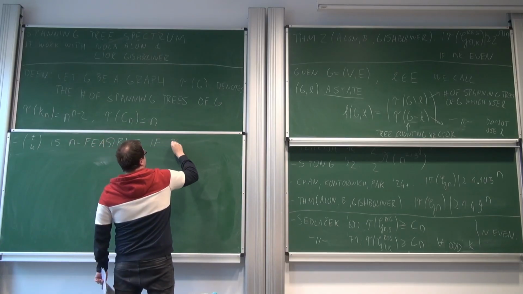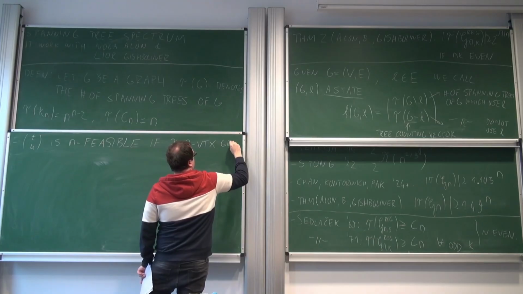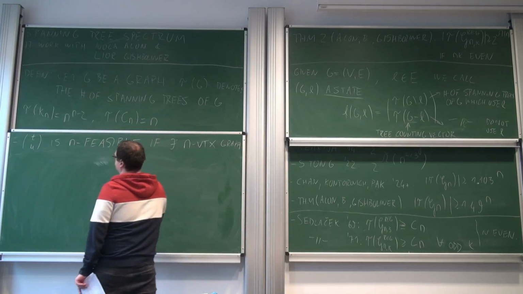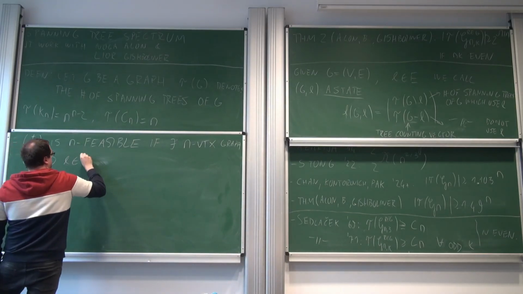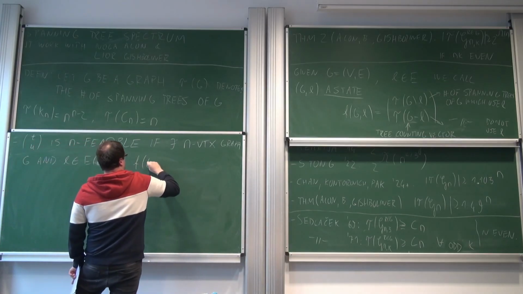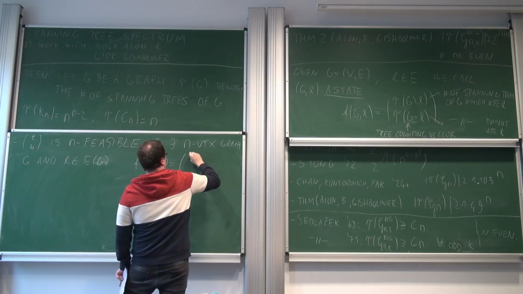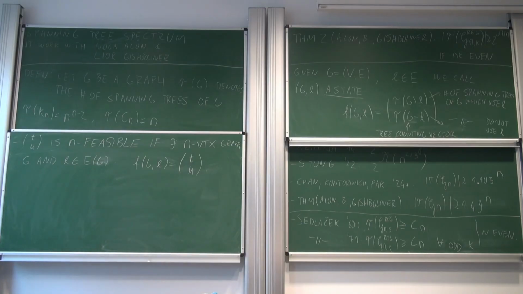If there exists an n-vertex graph G, and E an edge of G, such that f of G, E is that vector. Right, so feasible means I can hit that vector with an n-vertex graph.